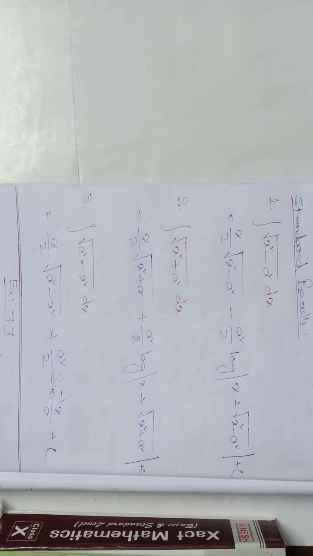The second one is integration of root over x square plus a square dx. And the third one is integration of root over a square minus x square dx. Now the standard results are given, so you have to use these results and do the other integrations.